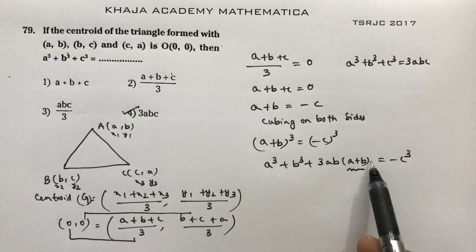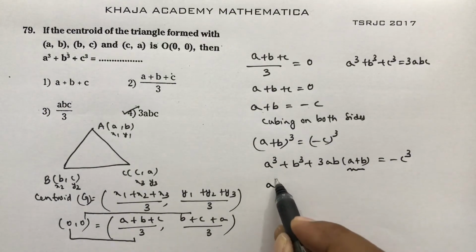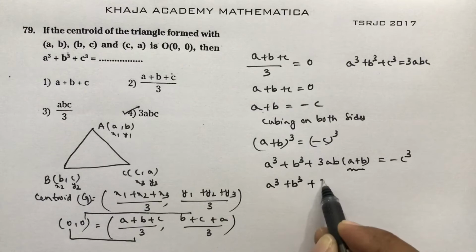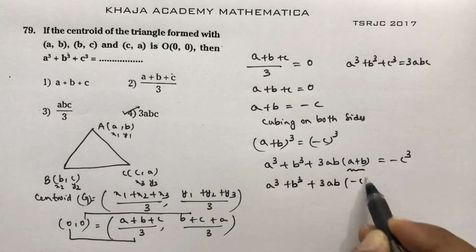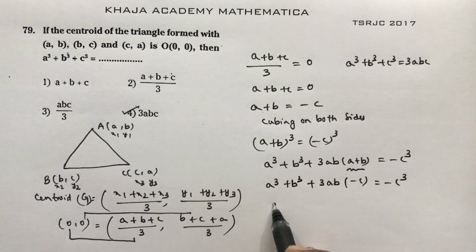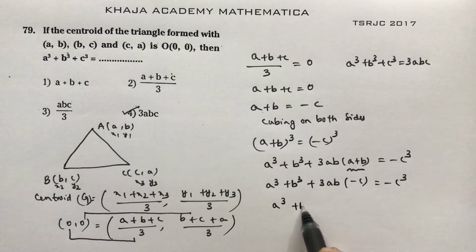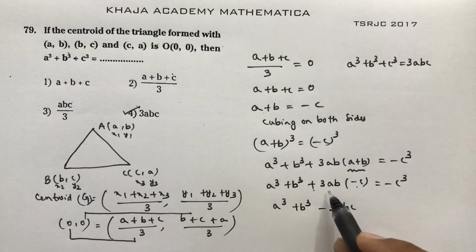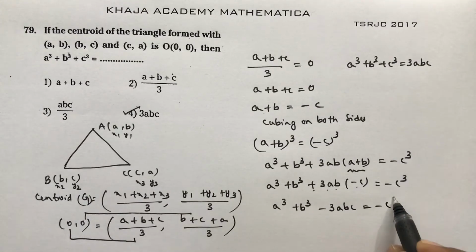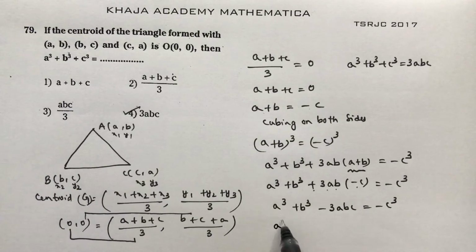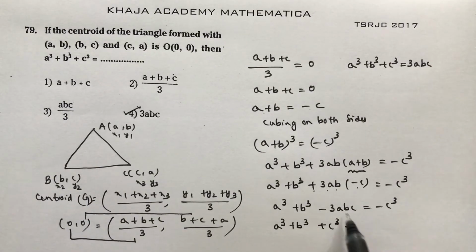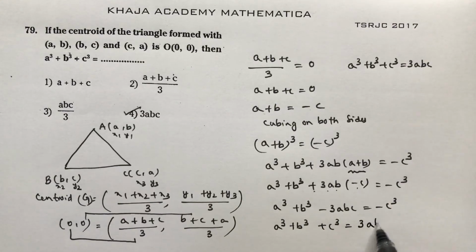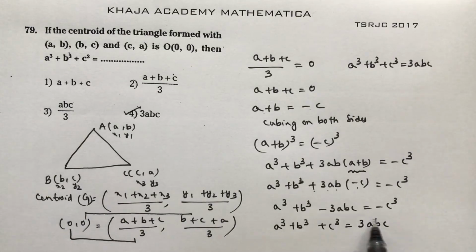It is minus c, so in place of a plus b, I'll write minus c. So a cube plus b cube plus 3ab into minus c equals minus c cube. So a cube plus b cube minus 3abc equals minus c cube. So a cube plus b cube, bring here plus c cube, minus 3abc, if you transpose, you'll get plus 3abc. So I told you a cube plus b cube plus c cube is 3abc.